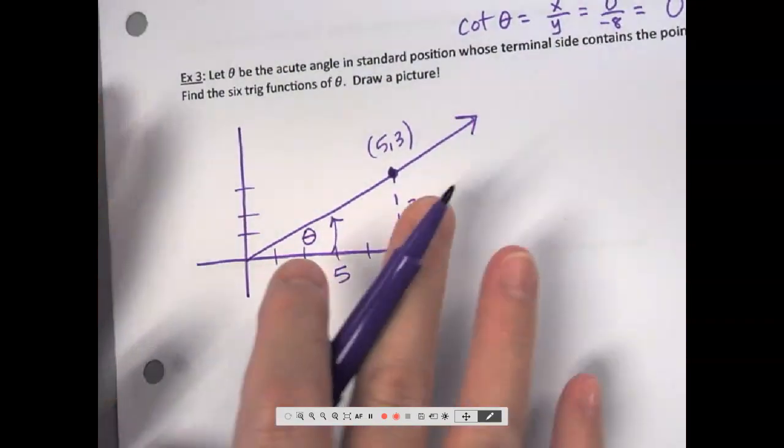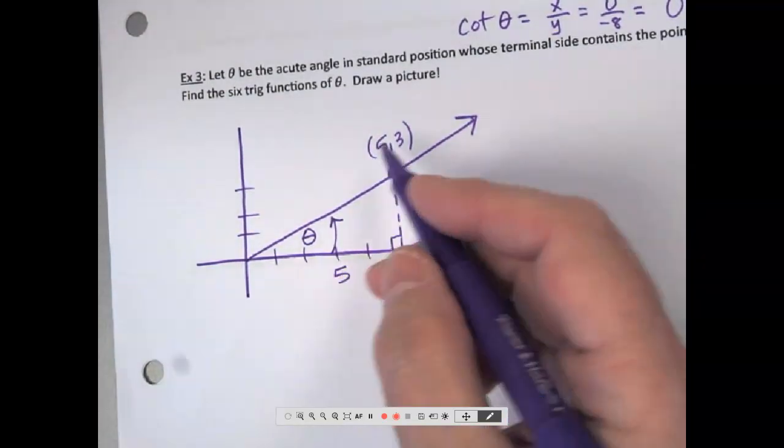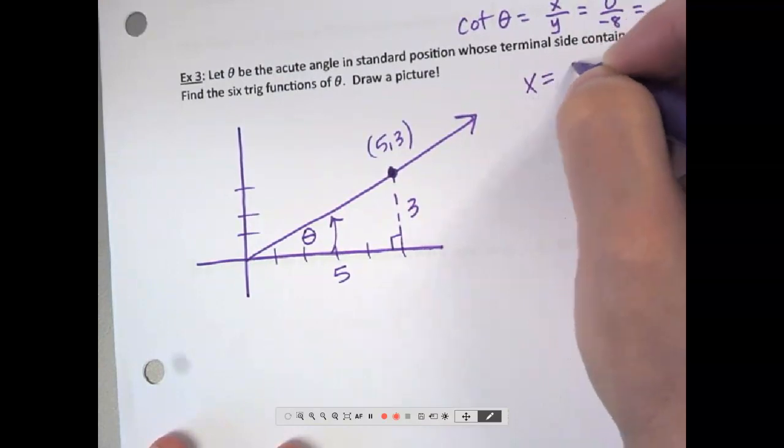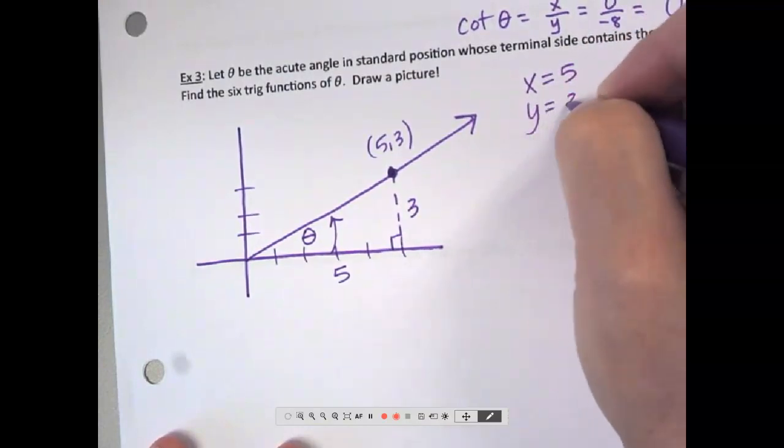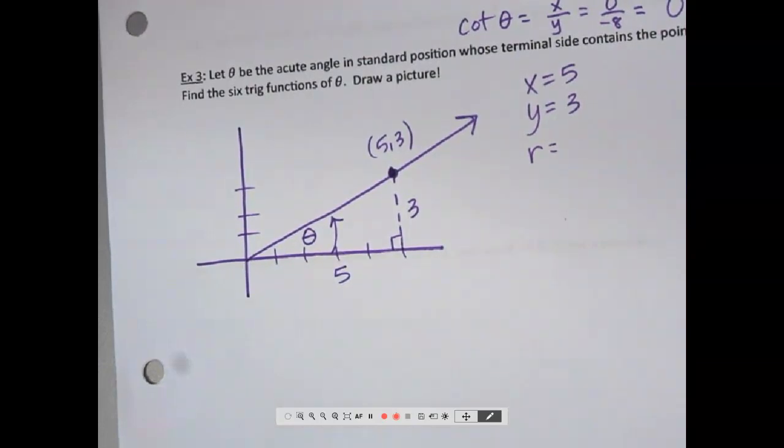To find all these 6 trig functions, I need x, y, and r. I know x and y. X is 5, y is 3. But how do I find r? Pythagorean theorem. And if we get a radical, we're going to leave it as a radical. It's easier to deal with than a decimal.